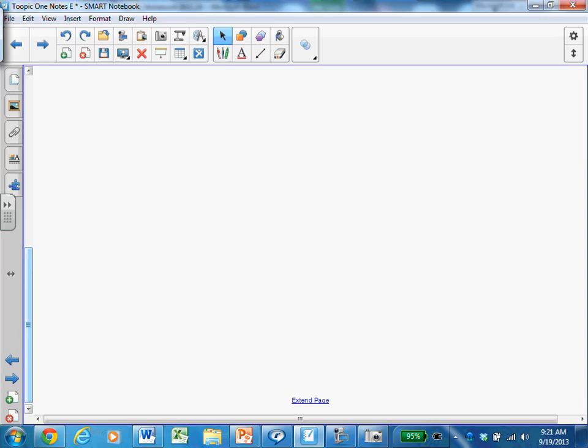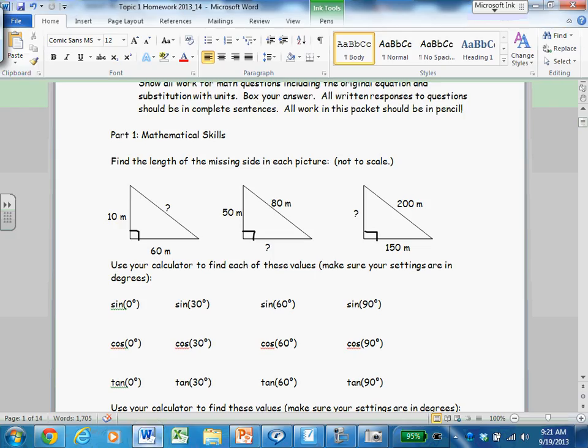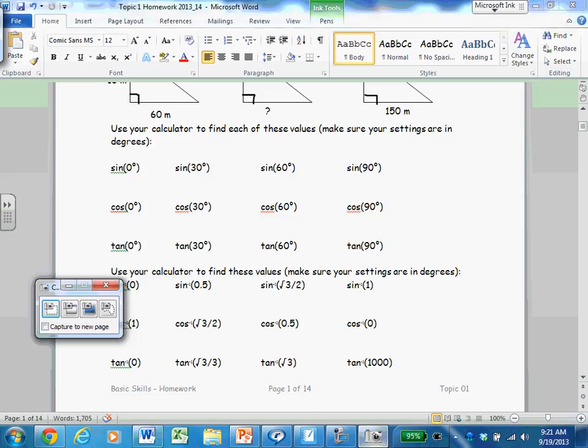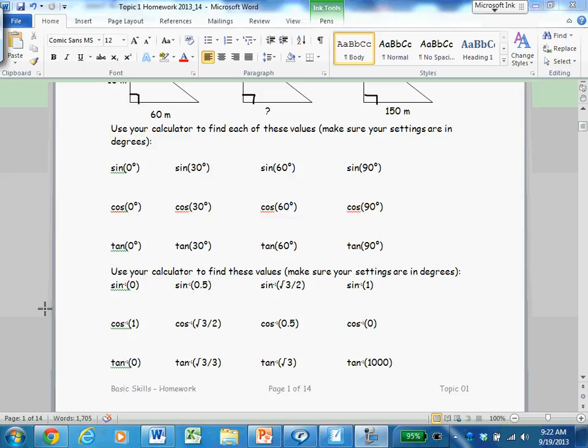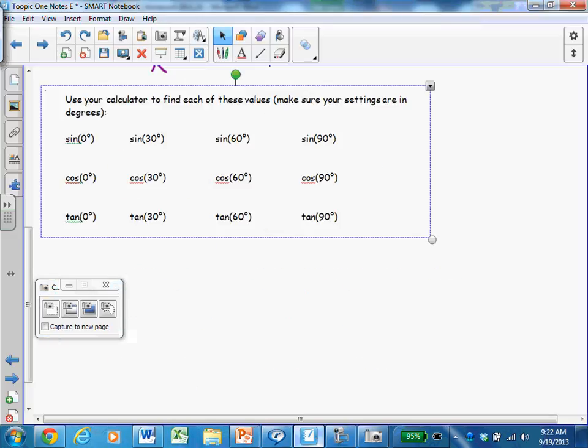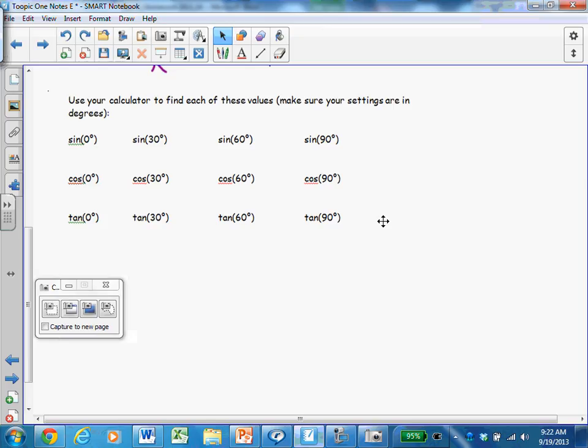Let's look at these. In this case, we're asking our calculator for this part. Use your calculator to find these things, okay? We're saying, what is the sine of 0, the sine of 30, 60, 90? What is the cosine of 30, 60, 90?